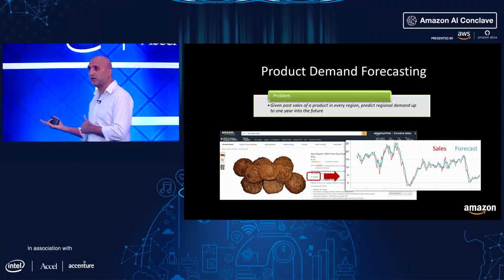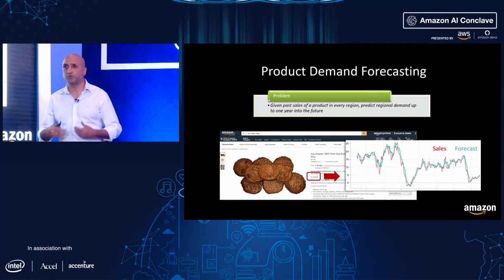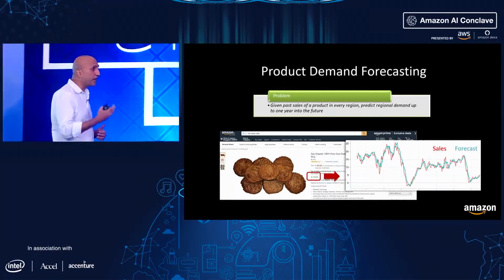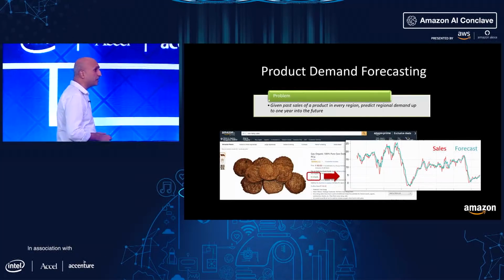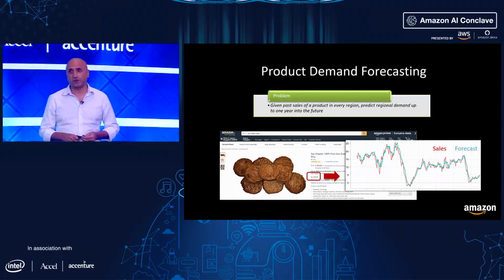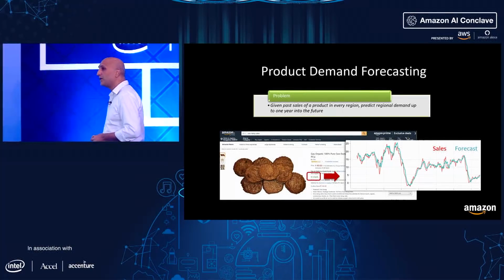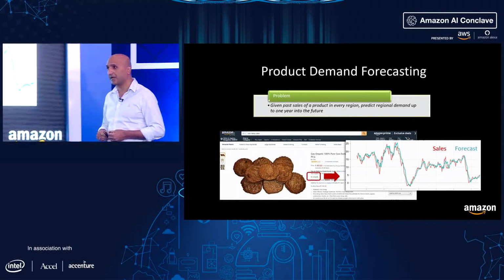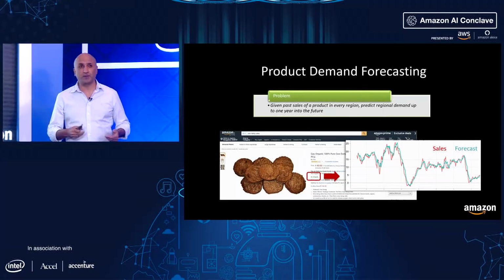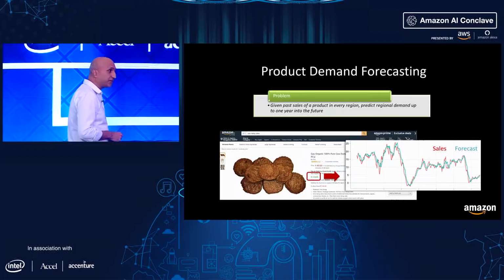And these demand forecasts, by the way, are used by our ordering systems to order inventory. On the other hand, you don't want to forecast the product demand to be too low, because then the product will go out of stock, and this will lead to a poor customer experience. And again, as Ranju mentioned in the previous talk, Amazon is a customer-obsessed company.